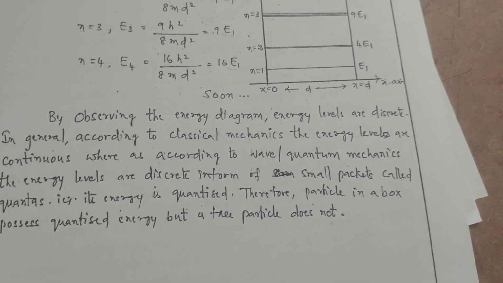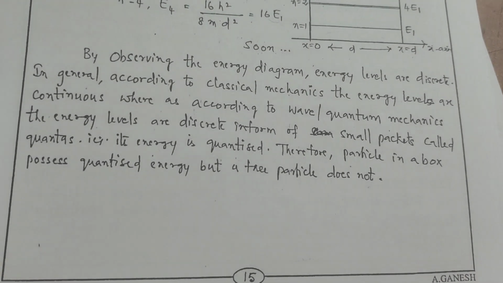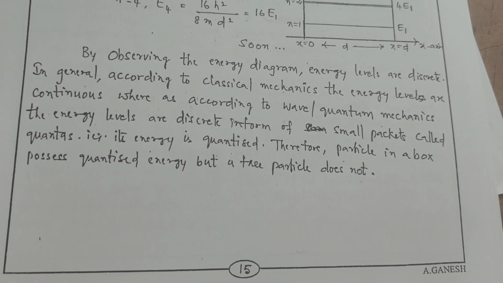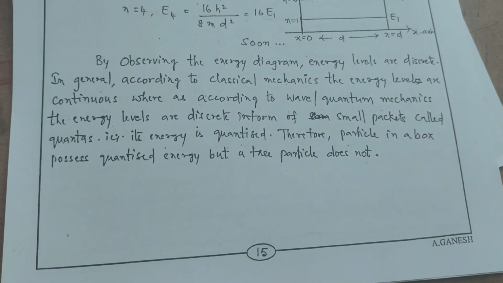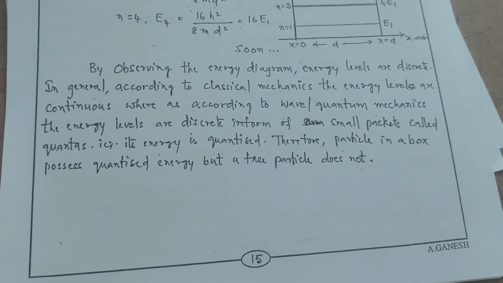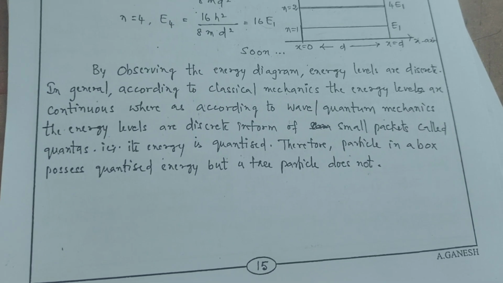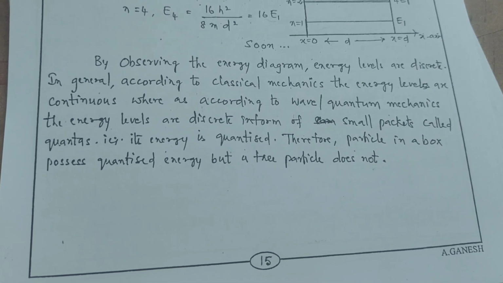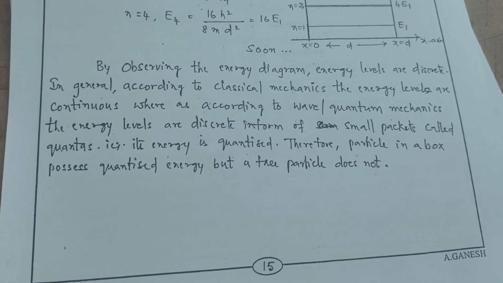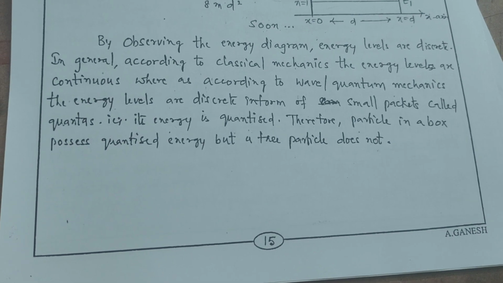In general, according to classical mechanics the energy levels are continuous, whereas according to wave or quantum mechanics, as we are reading here, these energy levels are discrete, in the form of small packets.